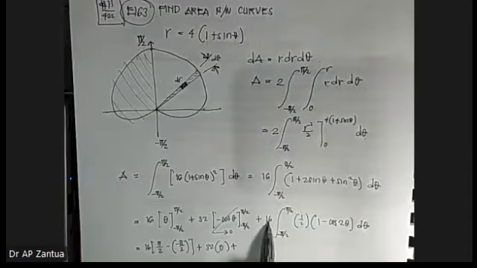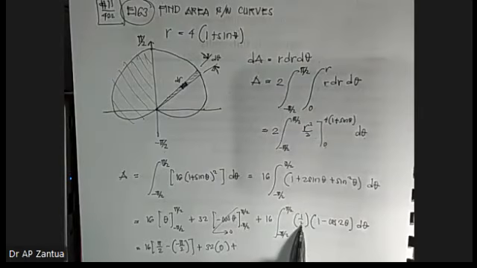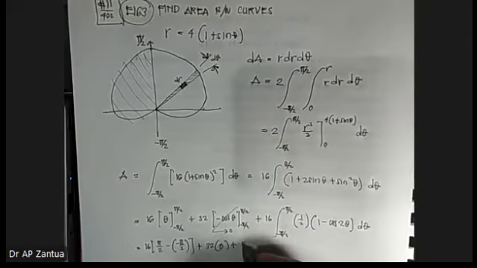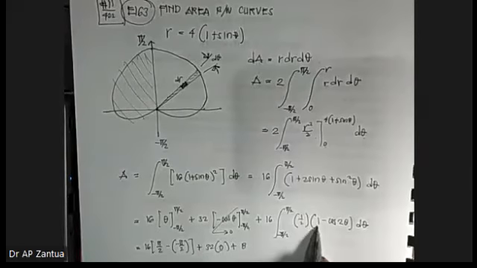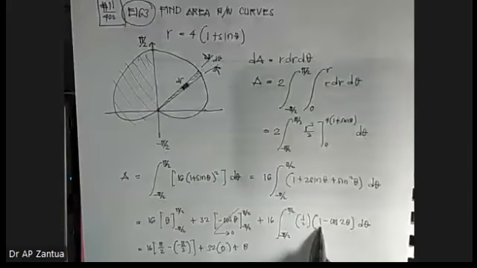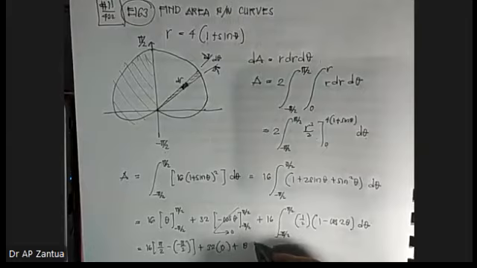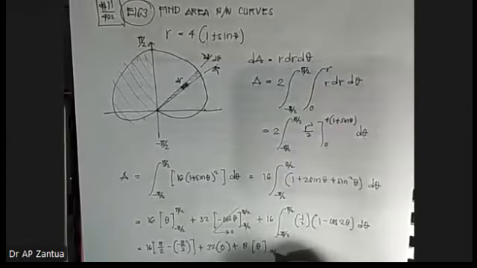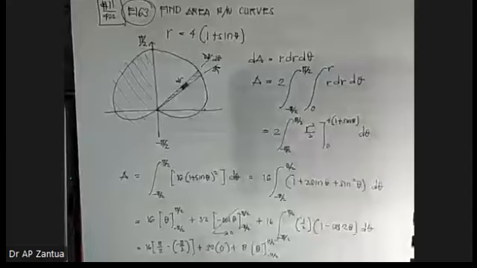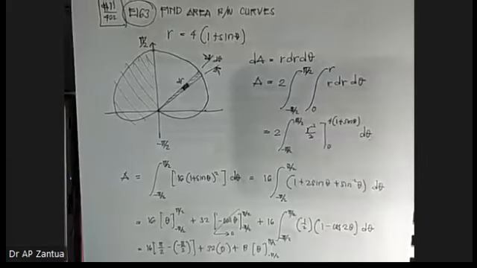Okay? So 16 times 1/2, that is 8. Integral of d theta, because d theta times 1 is d theta. Integral of d theta, that is theta, from negative pi over 2 to positive pi over 2. Okay? Clear?